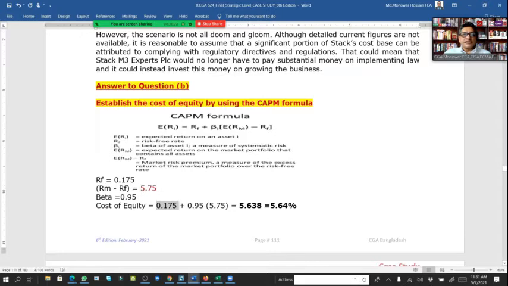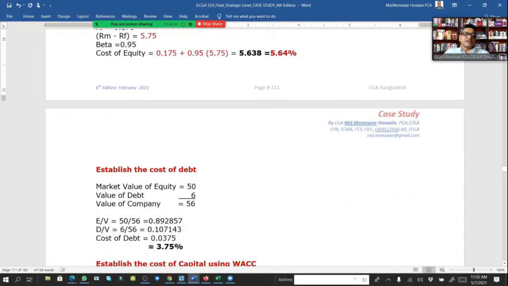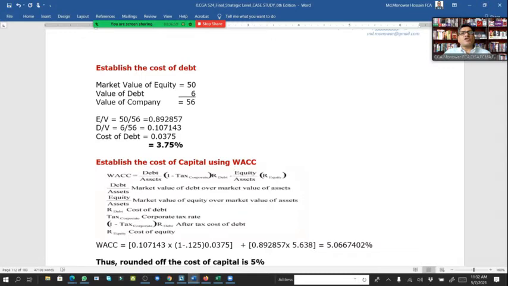Putting the data here, we find 5.64% is the cost of equity.